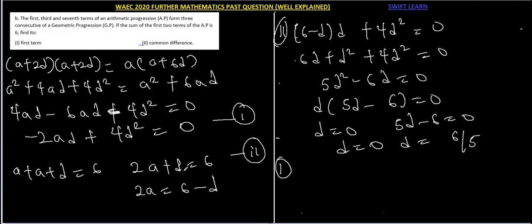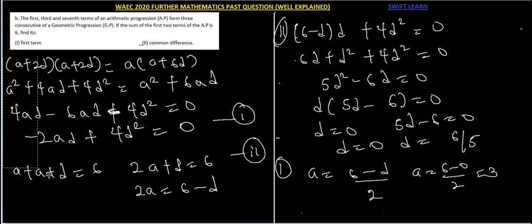Now to get A, we said A equals 6 minus D over 2. So when D is 0, A will be equal to 6 minus 0 over 2, which is 3. When D is 6 over 5, let's do that also.